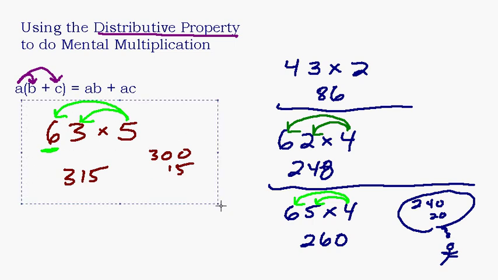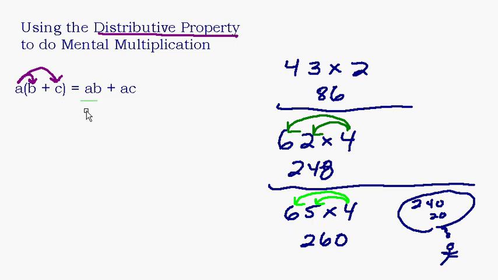Let's try one with a 3-digit times a 1-digit. We'll challenge ourselves. This one won't carry at first. We'll make one that doesn't carry here. 613 times 3. You can do it in your head.